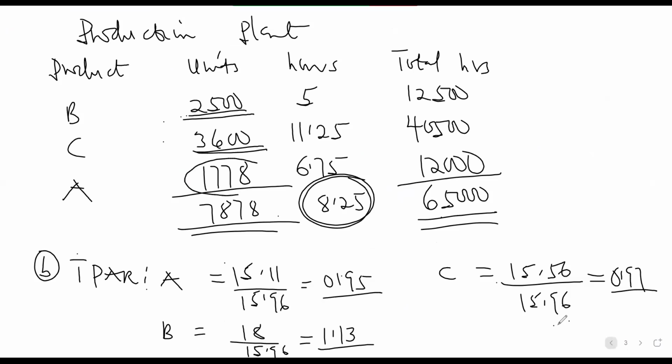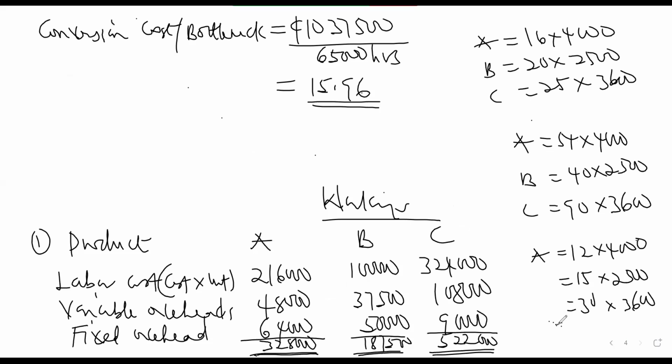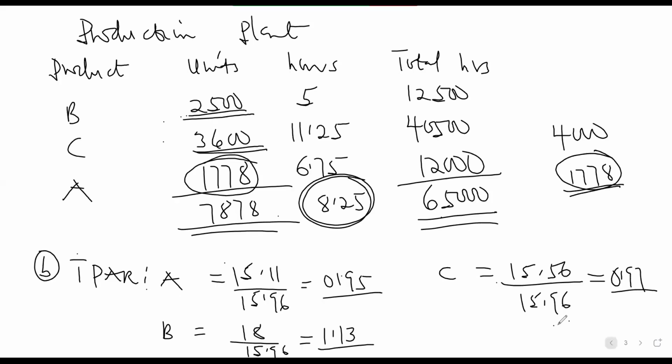But let's come to A. For A, the annual demand is 4,000, but we are producing only 1,778. It means that if we are producing only 1,778, the people will work to produce only that 1,778. So the labor cost for A, which is 54, will be multiplied by the actual production level, not the demand.